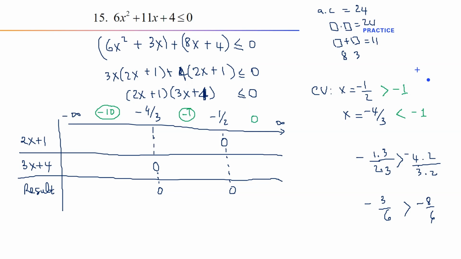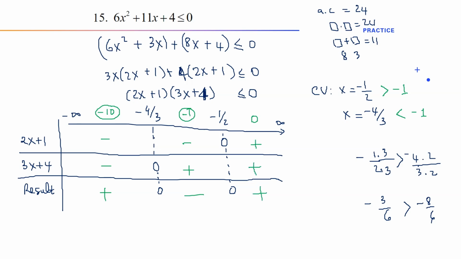So negative 10 here makes negative 20 at the first factor, negative 30 at the second, negative times negative makes positive. Negative 1 makes negative 1 at the first factor, positive 1 at the second, so that is negative. Now we choose 0: positive, positive, so it's positive.